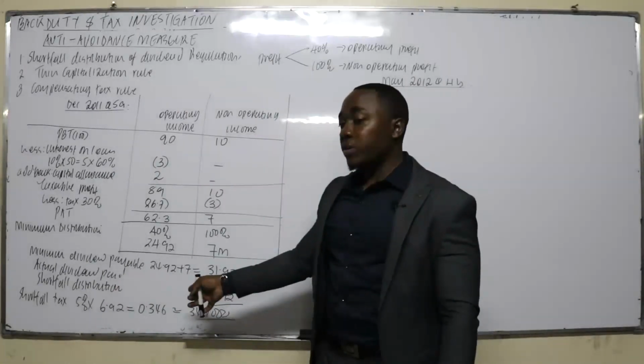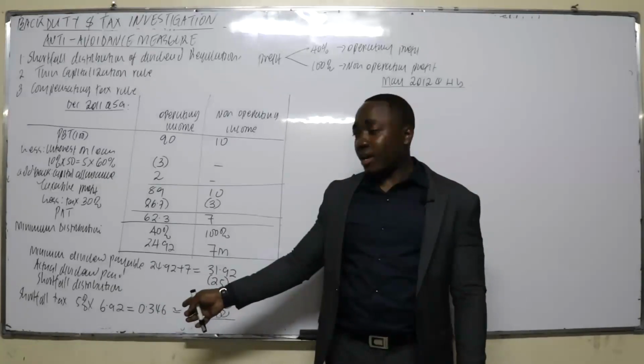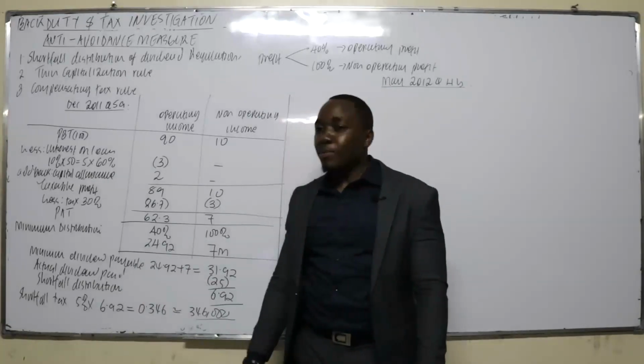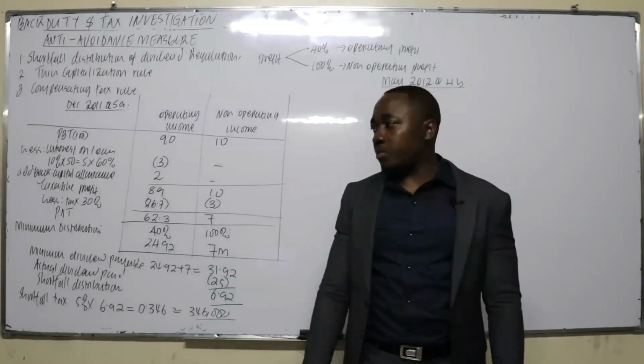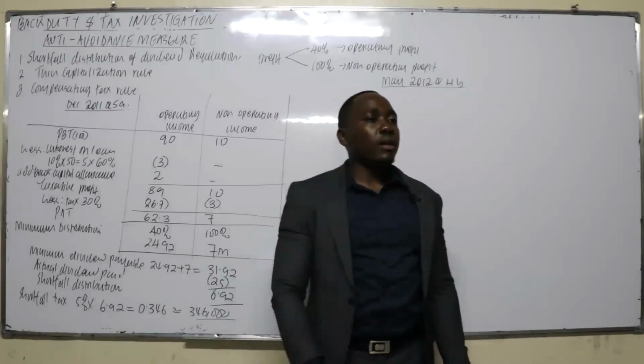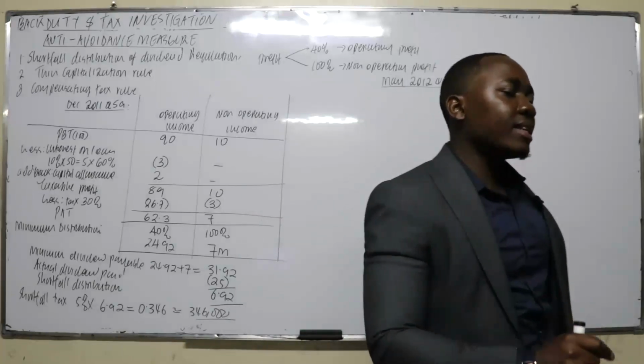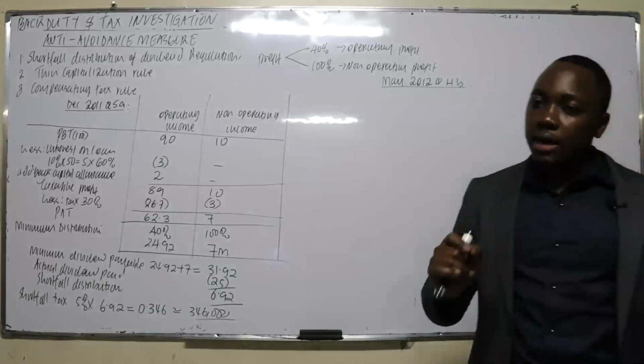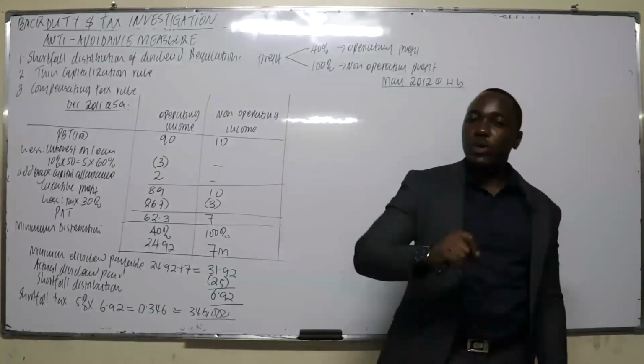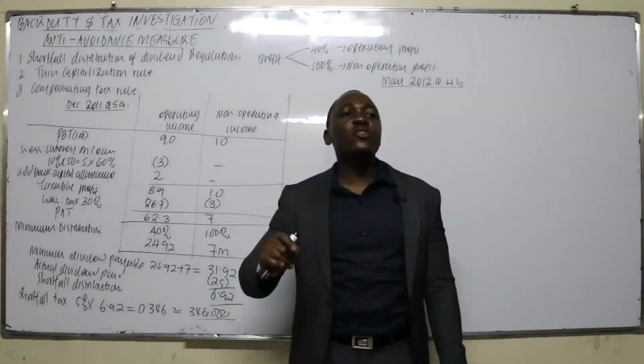Actually, that's what I was trying to explain here. Why does the company impose that shortfall distribution tax? In order to recover the tax that they could have earned as a result of withholding tax if the company had paid the total dividends.